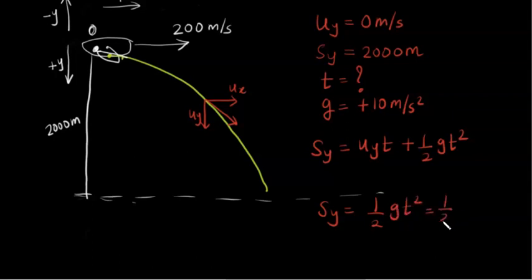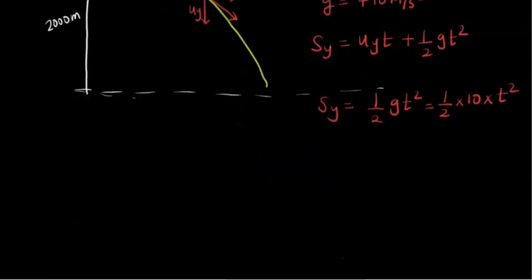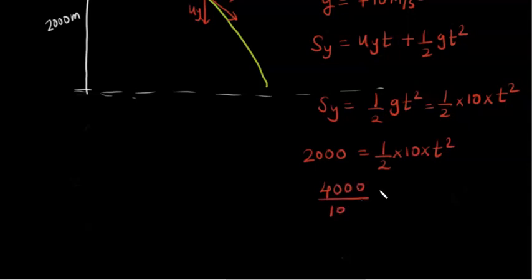So this is half into 10 into t square. What is t square? We don't know, we have to find out. But what is sy? Sy is 2000 meter. So 2000 is equal to half into 10 t square. As of now, I am not taking any units over here, I am just doing the calculations. So this is what you will get.